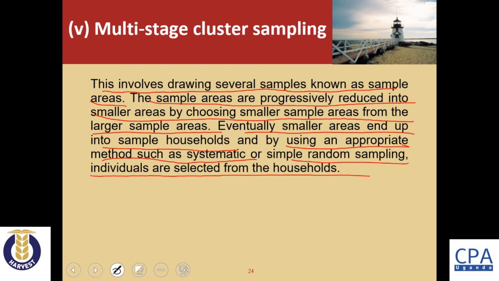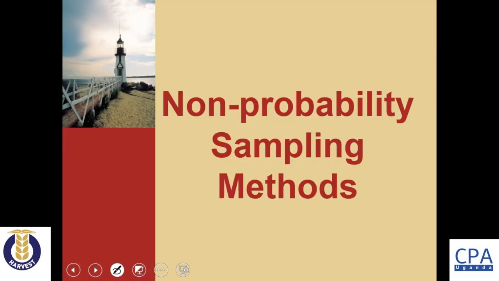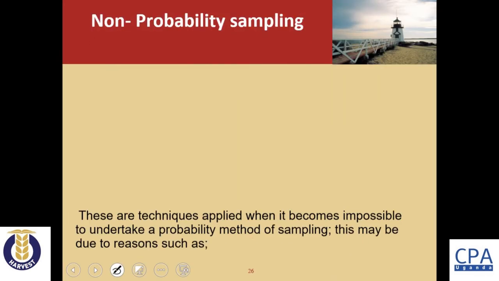Again, this one is a more wider kind of sampling method that is used in market research. And of course, we keep on reducing the sample areas, okay, and then the end objective is to select individuals from the unit, which are the households.